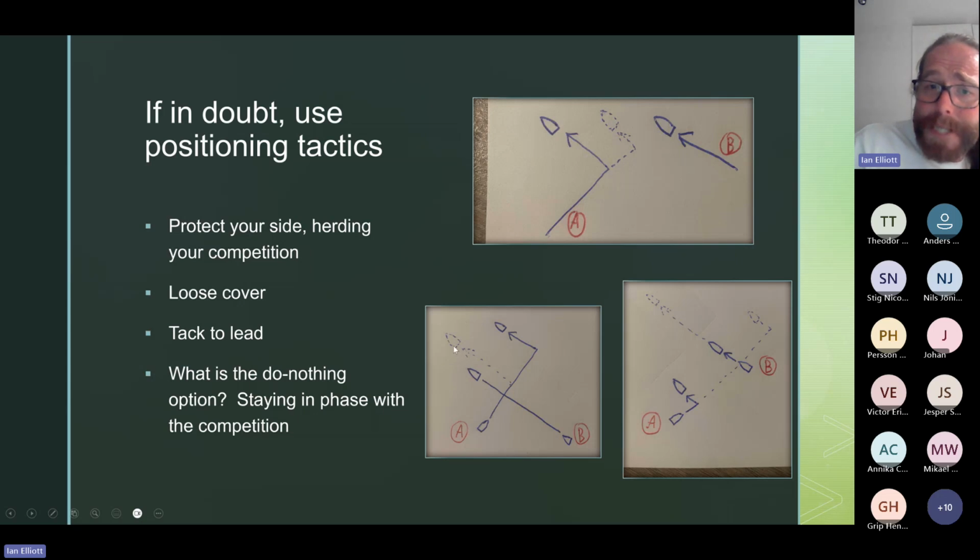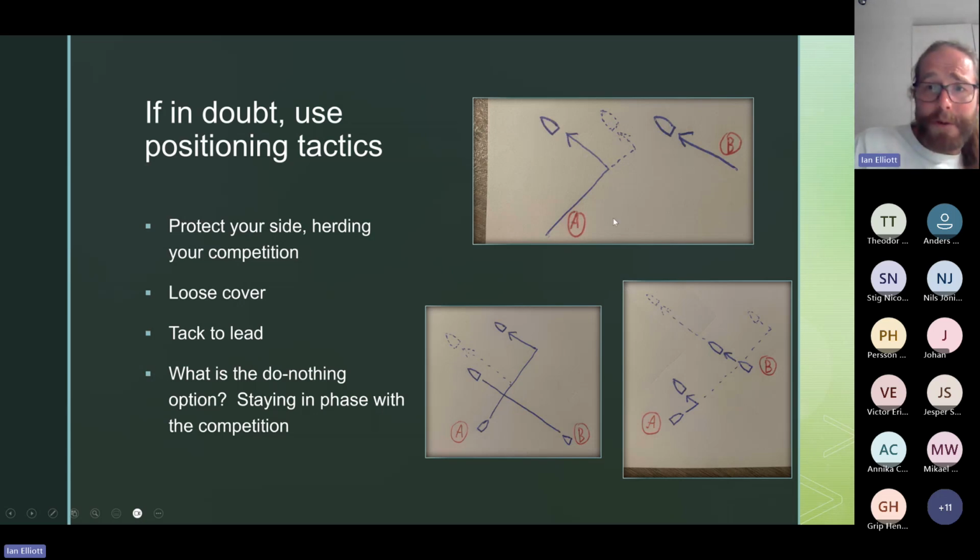If you tack here and force them to the wrong side of the course and then start stressing out, oh my gosh, B has so much leverage on me. I think the left's favored, but if we got a big surprise right shift, B could pass me, then you start following B to the wrong side of the course. Again, like I said, not very good. So just give the boat you're staying in phase with the ability to make good decisions.